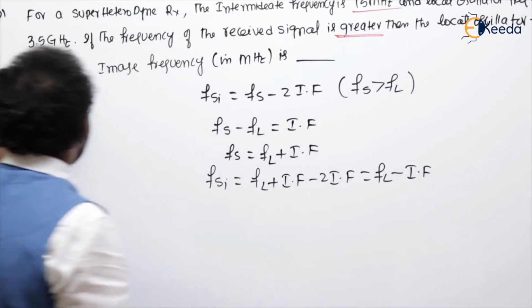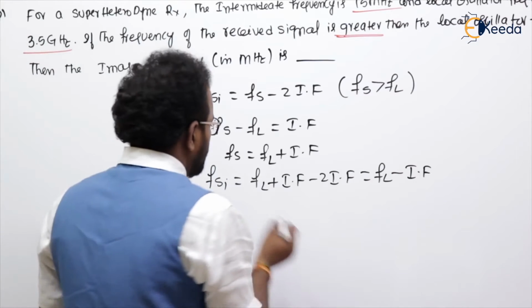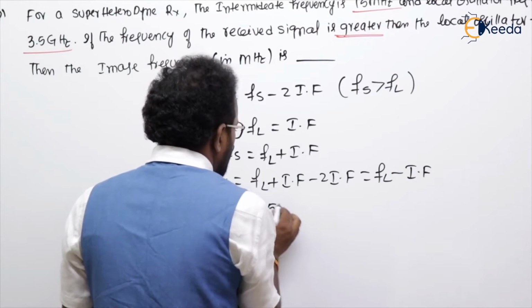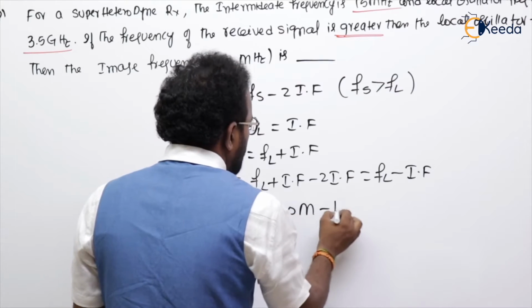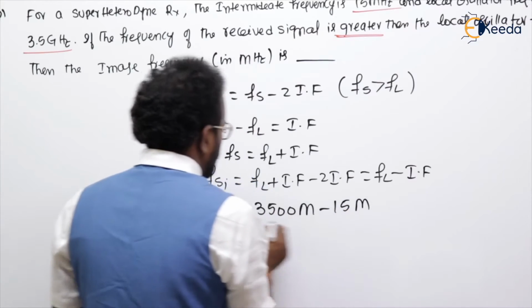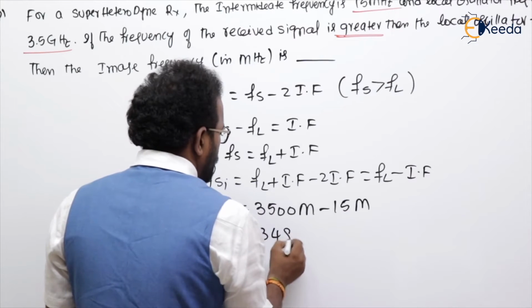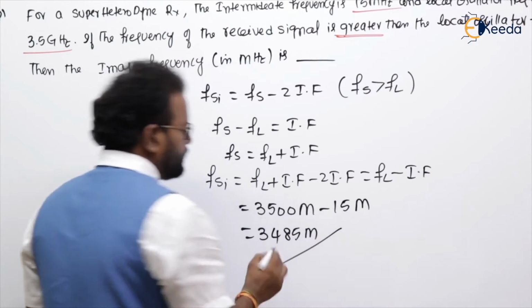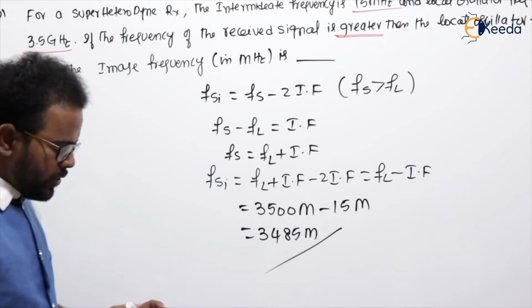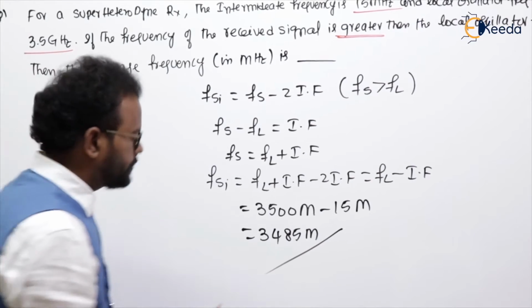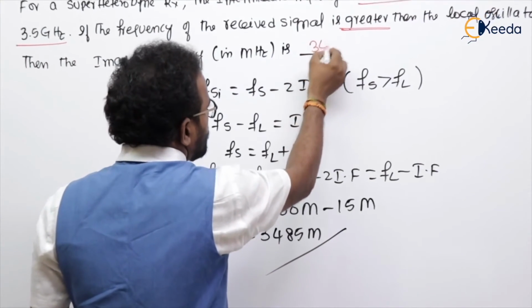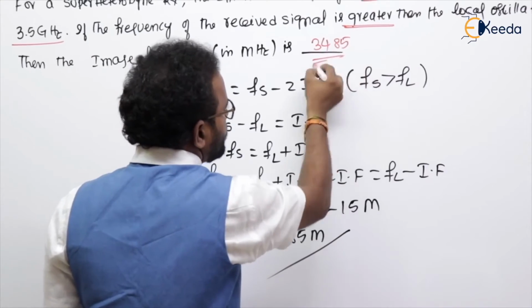What is the Fl value? 3.5 GHz, that is 3500 MHz. The IF value given is 15 MHz. So 3485 MHz. You have to type 3485 there.